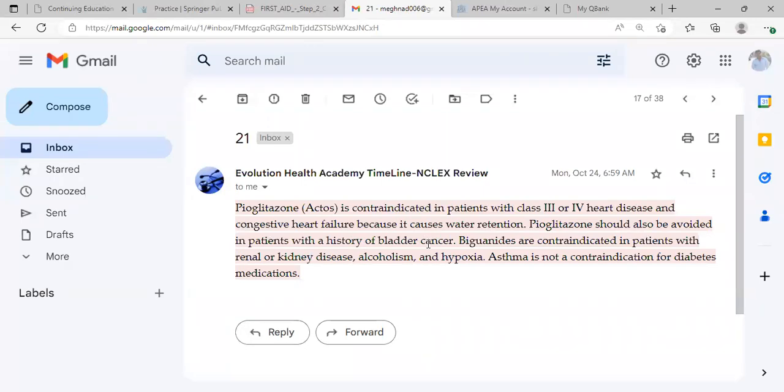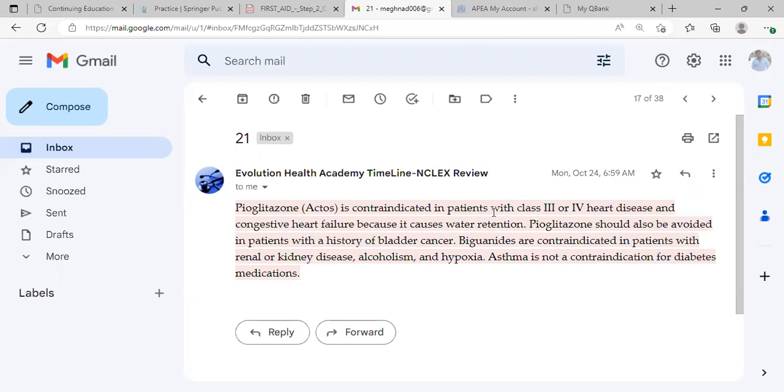So if a patient has diabetes with heart disease or diabetes with a bladder problem, we never ever give them pioglitazone.